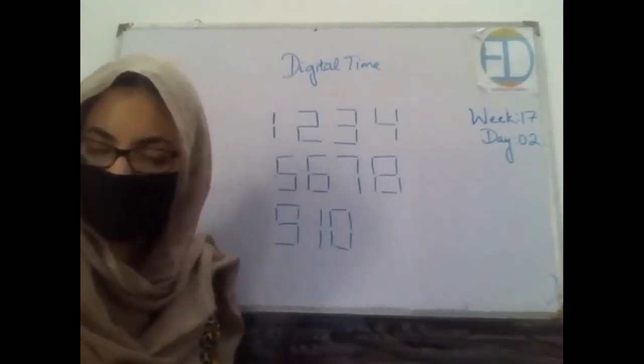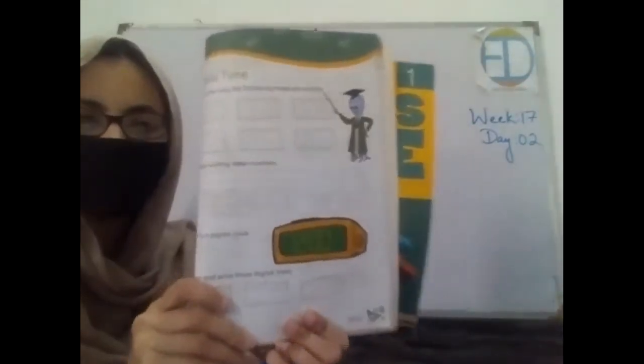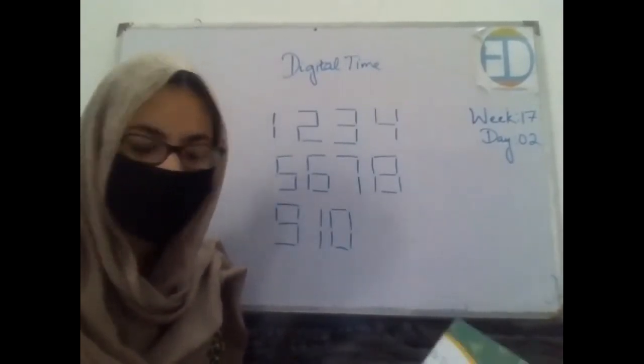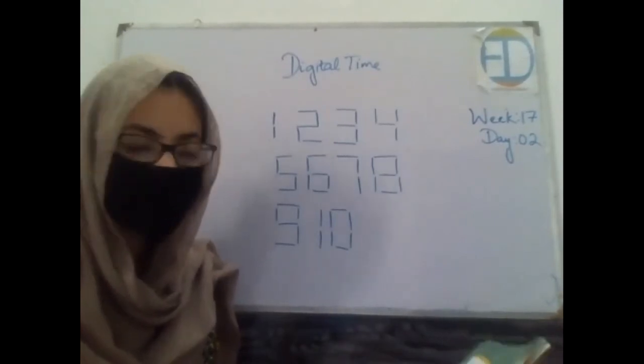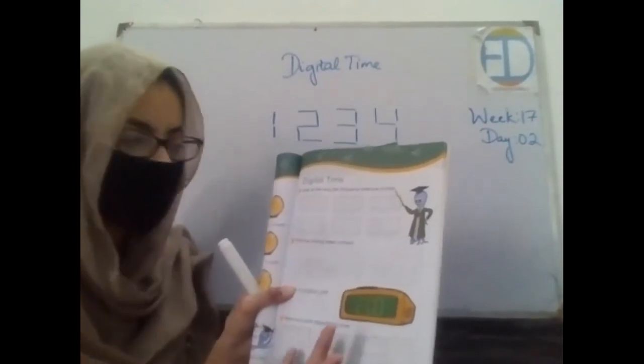Okay, so now I want all of you to please open your book, page number 85. This is page number 85. Please open this, all of you. The topic name is digital time, okay? So it says that look at the way the following times are written. Some times have been written over there, so you are supposed to look at how they have been written.